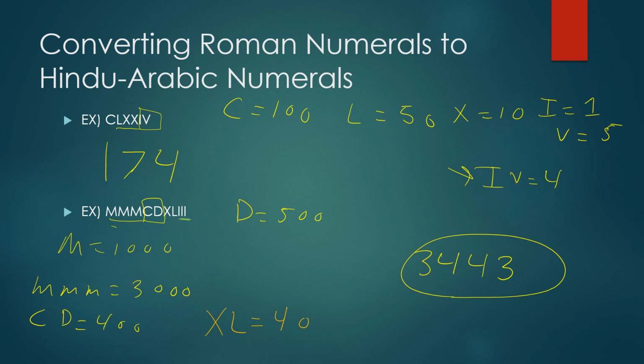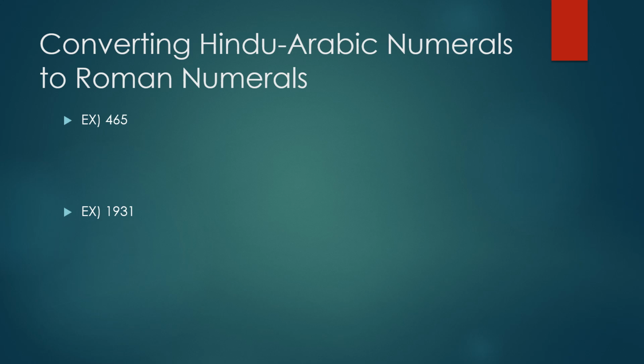Now let's go backwards. Let's suppose we're given the Hindu-Arabic symbols and we want to translate that into Roman numerals. So we have the 400. Remember, anytime there's a 4 or a 9, we have to do the subtraction part. So we know that C represents 100, and we know that D represents 500. So to represent 400, we have to write C and then D. Now 60, well, we know that L is 50, and we know that X is 10.